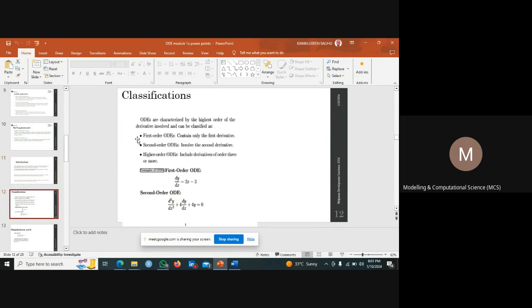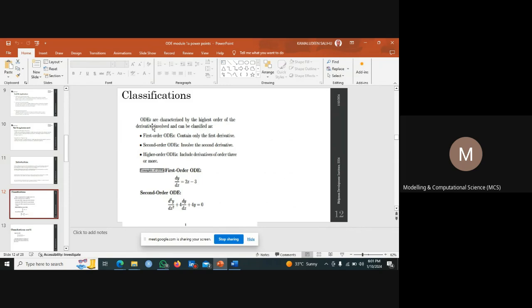So, classification of ordinary differential equations. Ordinary differential equations are classified by order, type, degree, and linearity. But in this slide, we are only considering the order for now.